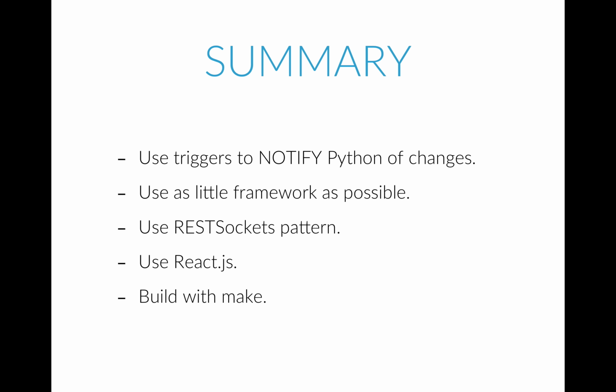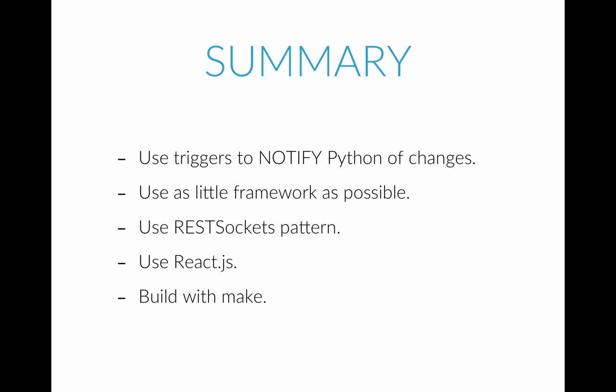Use as little framework as possible because today's frameworks have a lot of stuff we don't need and don't have a lot of stuff that we do. Use the RESTSockets pattern so the API is easily understood and approachable for anybody who's used a REST API in the past. Don't have to reinvent the wheel with doing everything over a WebSockets protocol.